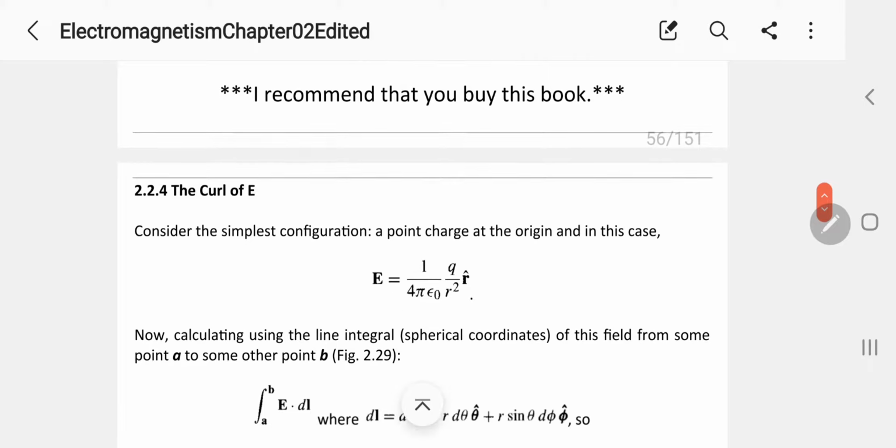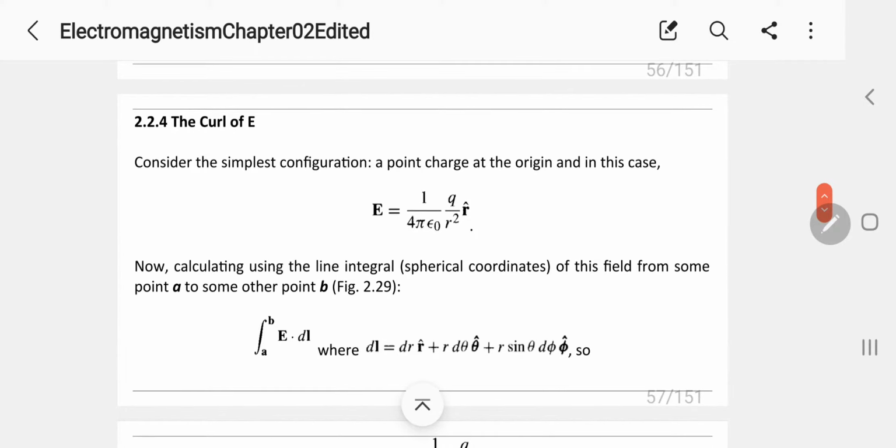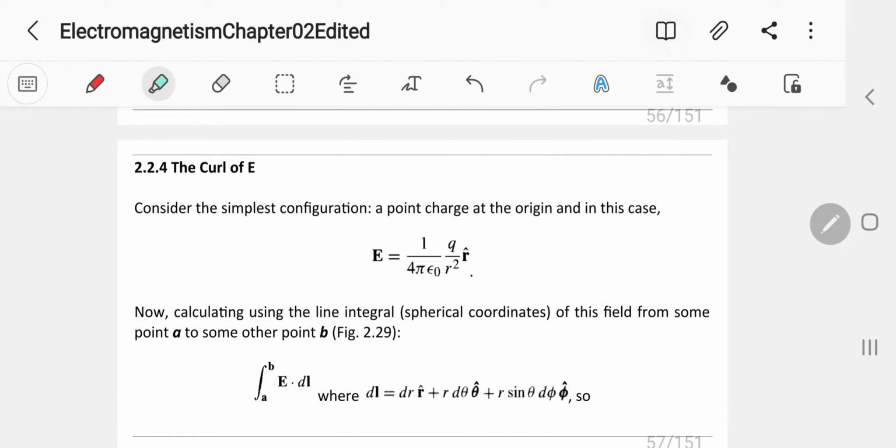So, for this particular lecture, we will be starting with the curl of the electric field, and again, for a point charge at the origin, the electric field is given by this equation here. So the electric field is just 1 over 4 pi epsilon sub O, Q, which is the charge, over R squared.